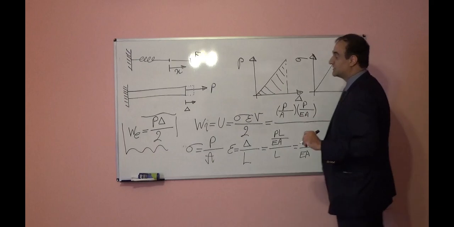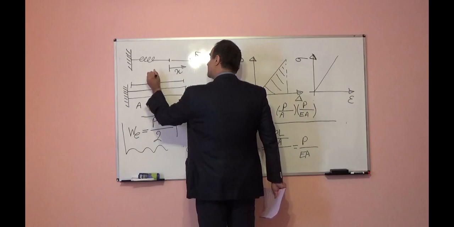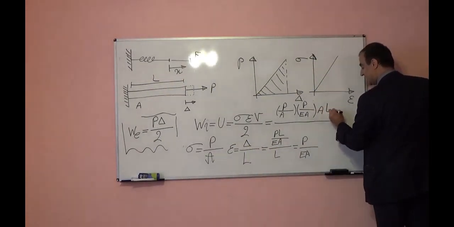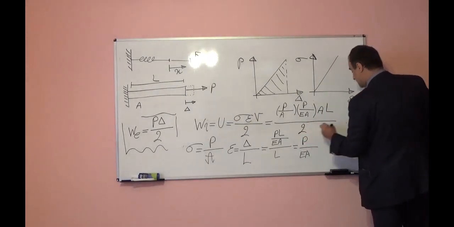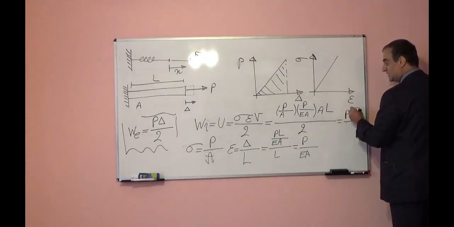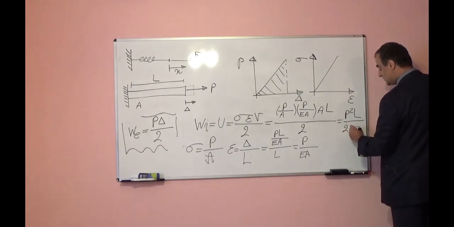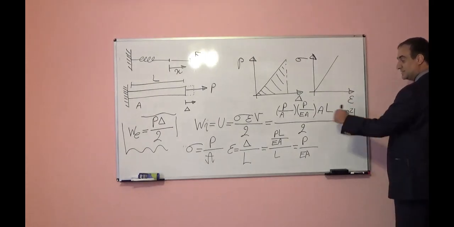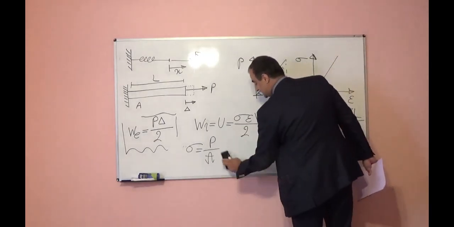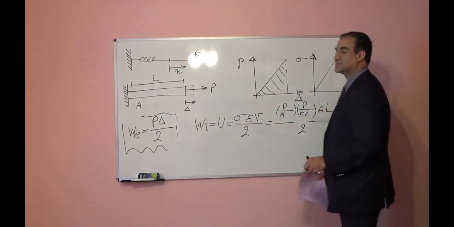The volume for this rod, if the cross-sectional area is A and the length is L, will be A times L, divided by 2. From here, what we have is P squared L divided by 2EA. This will be our internal energy or internal work or strain energy stored in this rod.